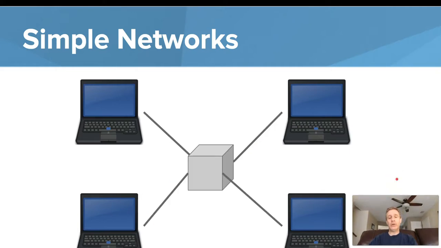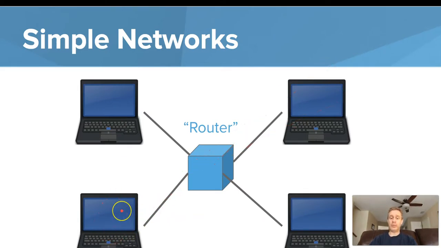So what do we do? Well, we connect these 4 computers all to something called a router. In doing so, this would allow any one of these 4 computers to connect and send information to another computer.